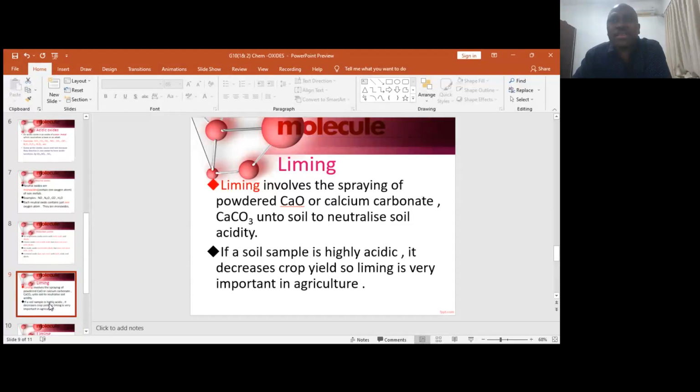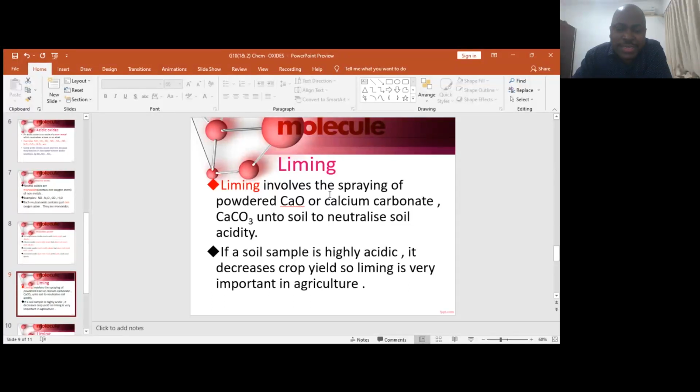You will discover that most crops don't grow well in acidic soil. So we need to reduce soil acidity, and that process is called liming. That is the name in soil chemistry. So we use powdered calcium oxide or powdered calcium carbonate for the process.